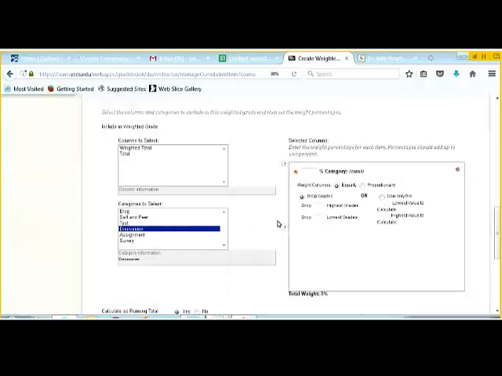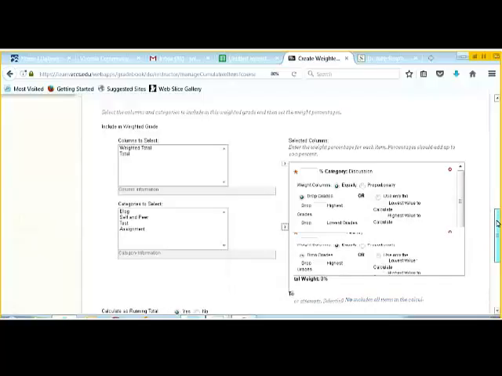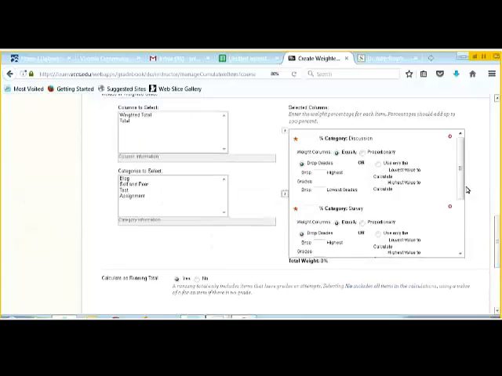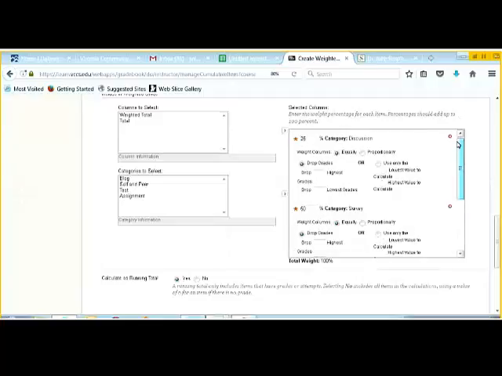I don't have journals, but let's say I put a journal in there, and a discussion, and a survey. Those are my different categories, and I'd put in homework, exams, and stuff like that. Then I would weight them. I could put in 25% is the discussion, 50% is the survey, 25% is the journal, and the total weight should add up to 100%.